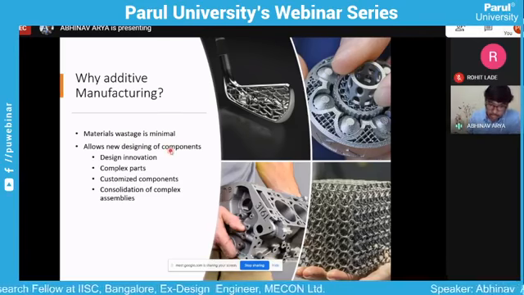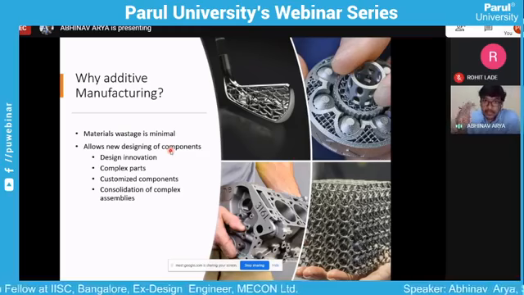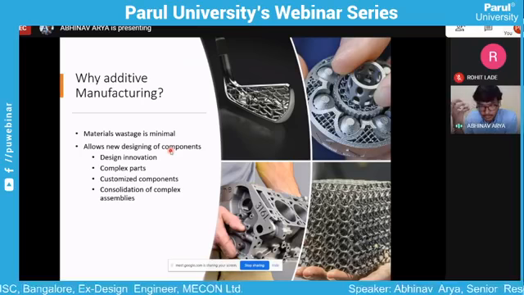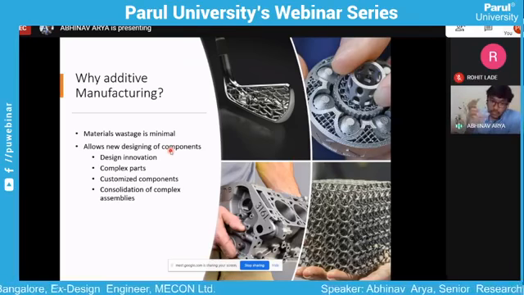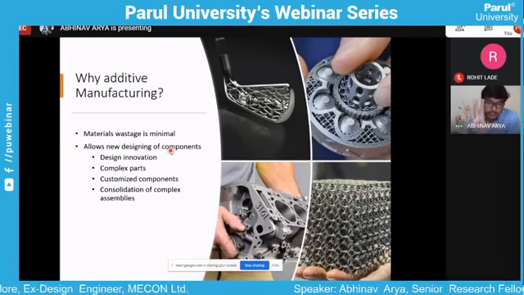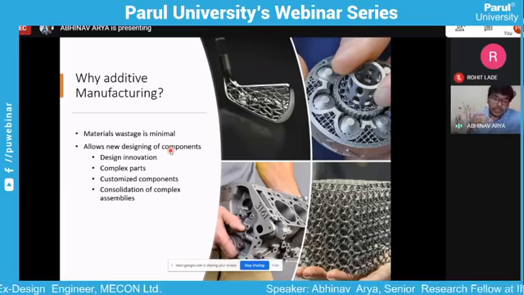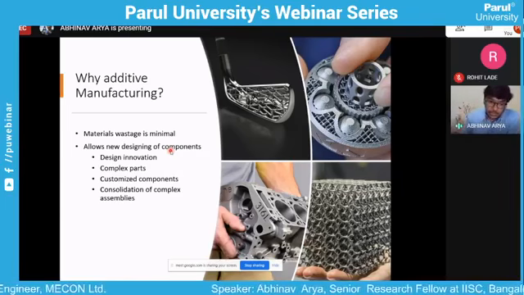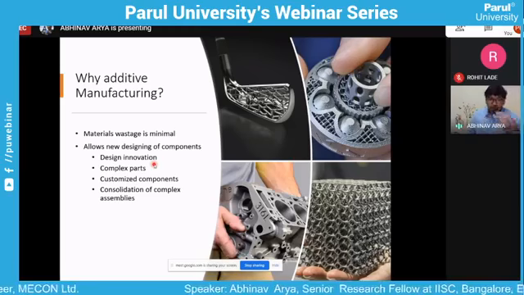It also allows us to use new designs, and all those designs which we were not able to manufacture earlier with traditional manufacturing techniques, we can now design. So we can innovate new designs.